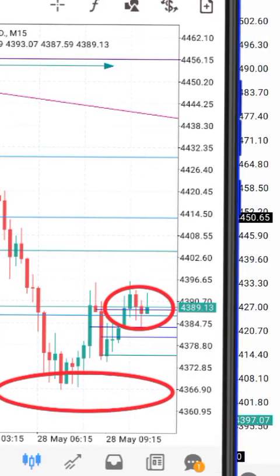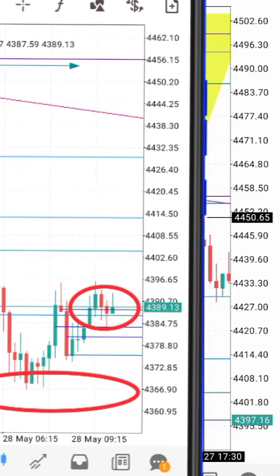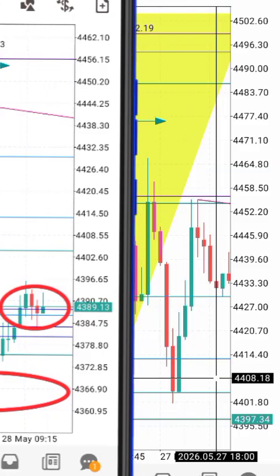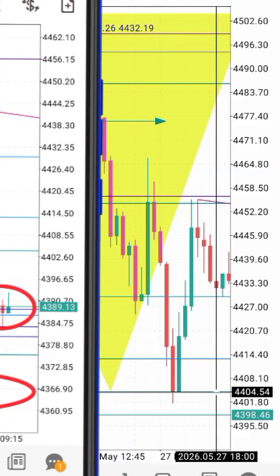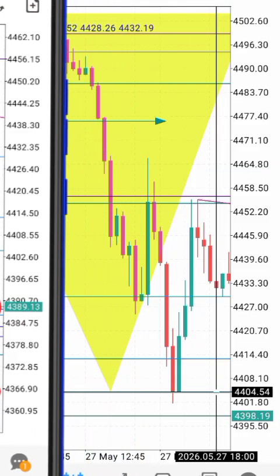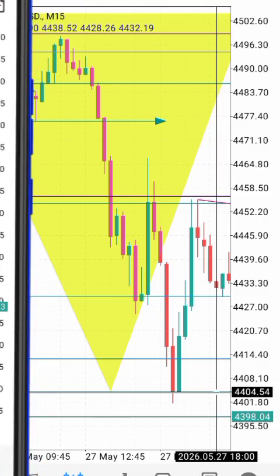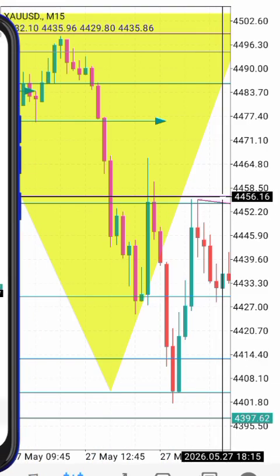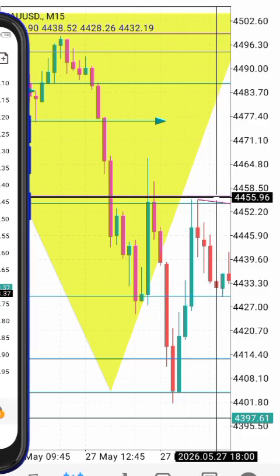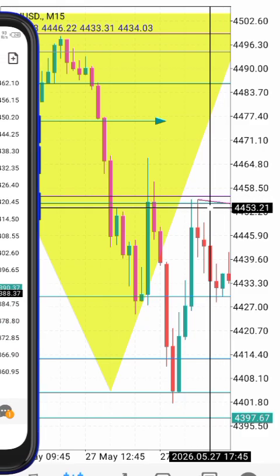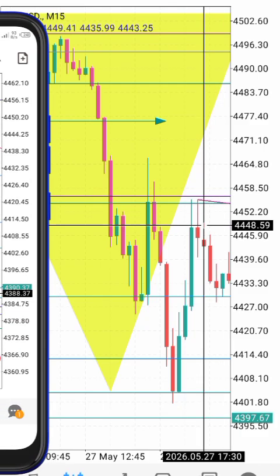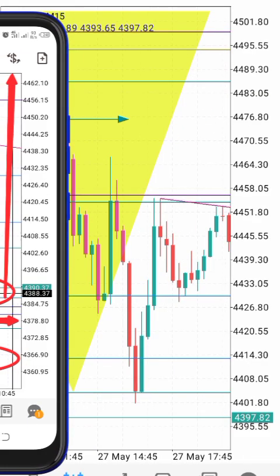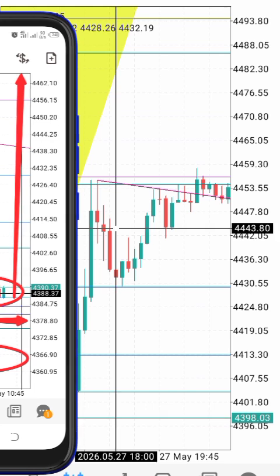So we called the new short at 4456, where we expected the market to return into continuation of a downward projection. Where did we find our entry? We found the entry at the rejection of 4456. We wanted to see a break above 4456, then we would take our entry at 4450, and that was what happened.